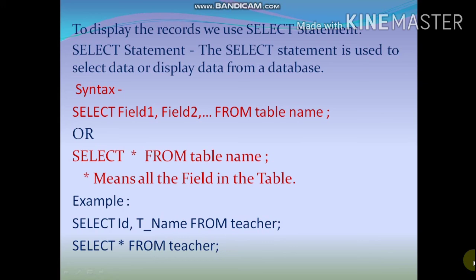Two types of select statements are there. Select field 1, field 2, the fields you want to see, from table name. Or select asterisk. Asterisk means all the fields in the table.